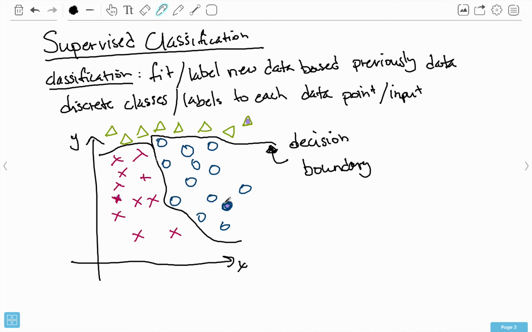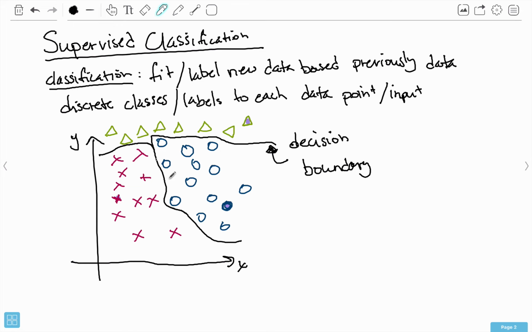You say, well, this part of the boundary is blue, this part is red, this part is green. And so if you get points that are inside one of these regions, you just give it the label of what's around there. And so this is what supervised classification algorithms try to find, some kind of boundary.